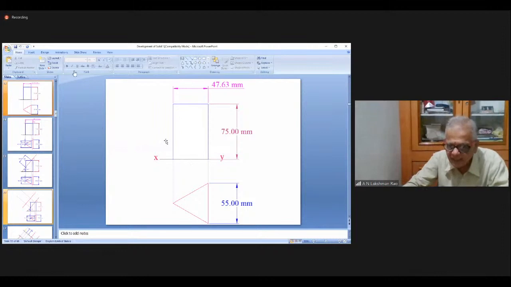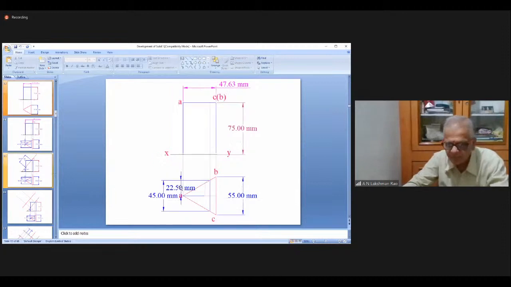Now, if somebody gives me the section, I will be happy. He has not given me the section, so let me draw again as usual. He has given two conditions, 45 and 60. I have to mark 45 here. This is 55, this is 45. I have drawn a center line. From here, I have chosen 22.5, here 22.5.